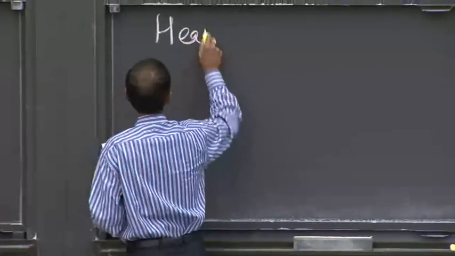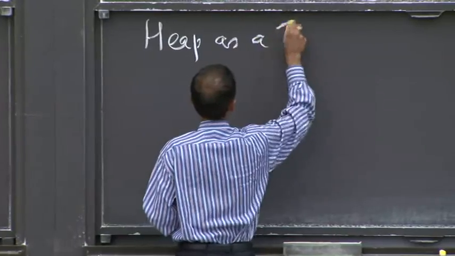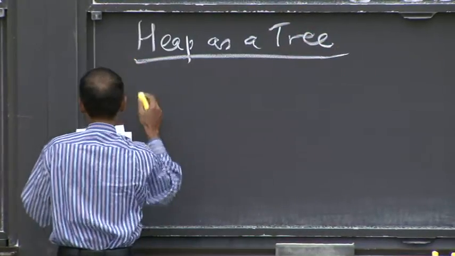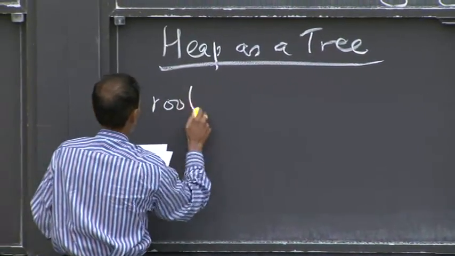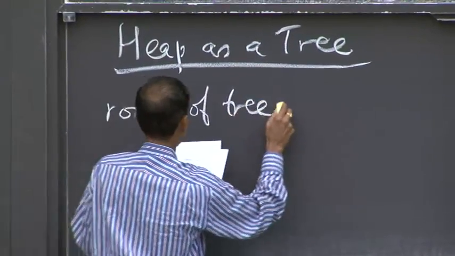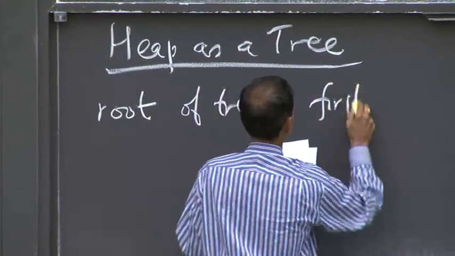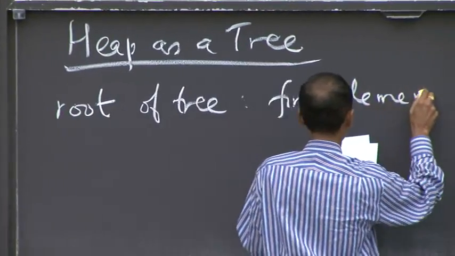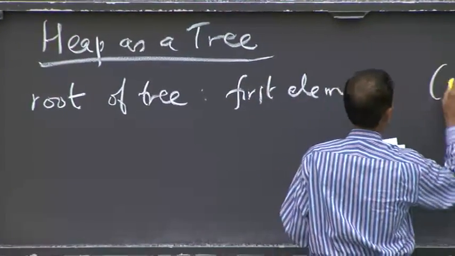What do you get out of this visualization? Well, the root of the tree is the first element, corresponding to i equals 1.